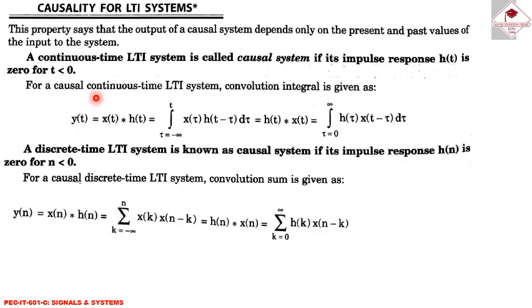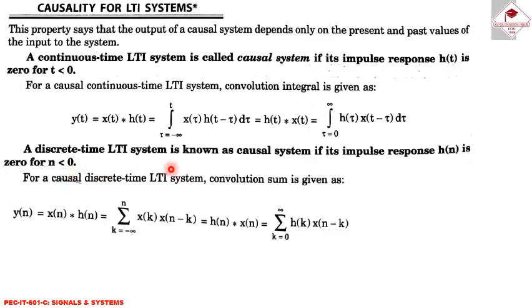For a causal continuous time LTI system, the convolution integral is given as y(t) equals x(t) star h(t), which equals the integral from tau equals minus infinity to t of x(tau) h(t minus tau) d tau, which equals the integral from tau equals 0 to infinity of h(tau) x(t minus tau) d tau.